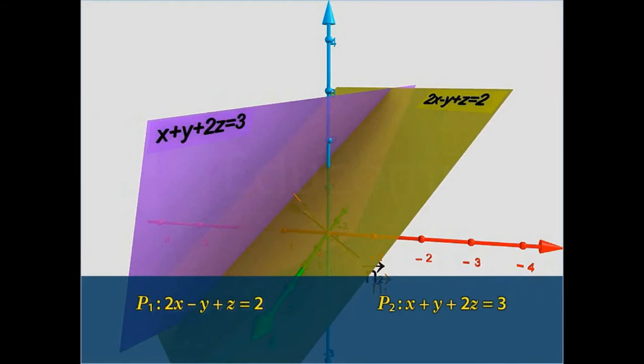The direction ratios of the normal to the plane capital P1 are capital A1 equals 2, capital B1 equals minus 1 and capital C1 equals 1. The direction ratios of the normal to the plane capital P2 are capital A2 equals 1, capital B2 equals 1 and capital C2 equals 2.